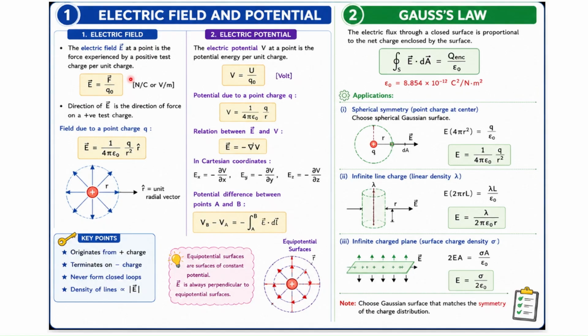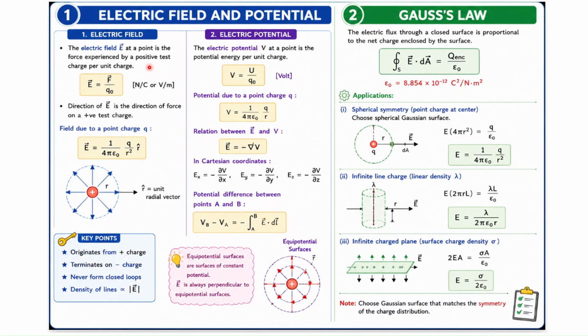So to solve this problem, we introduce a unifying model called the electric field. If we look at the slides, we are going to explore how space itself is modified by the presence of charge.